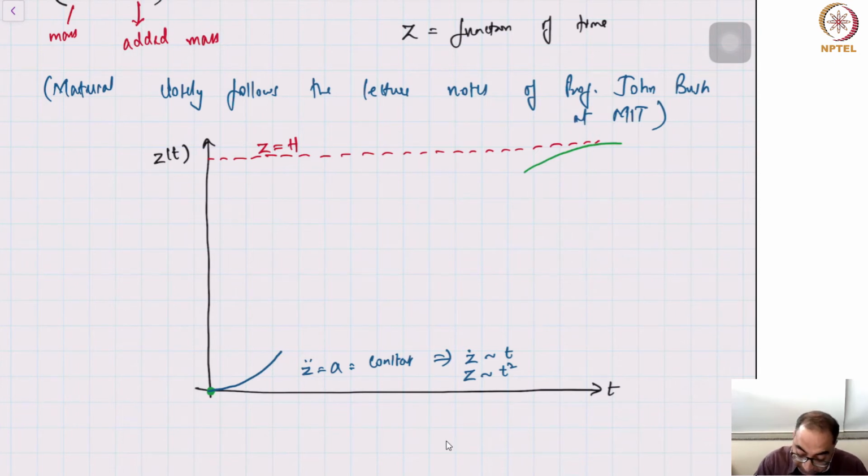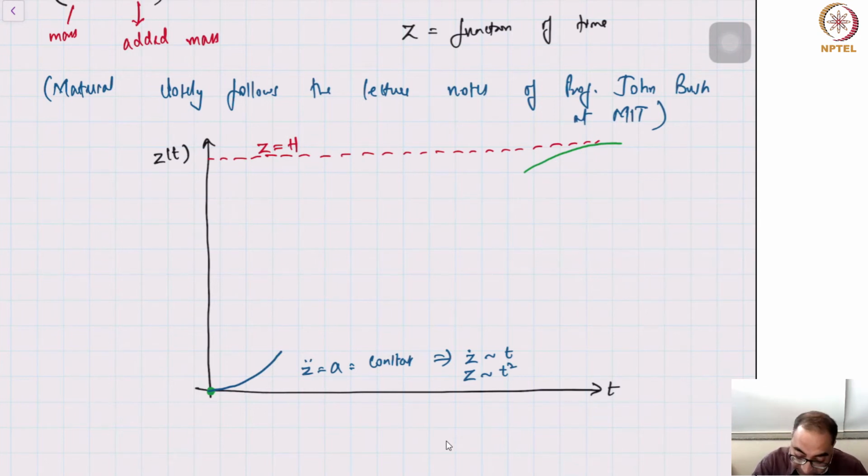And somewhere in the middle, after an initial acceleration, you should expect that the forces are in balance. Once the forces are in balance, the sum of forces is equal to 0, and therefore the fluid starts moving with a constant velocity.